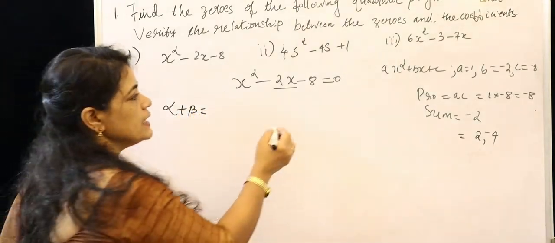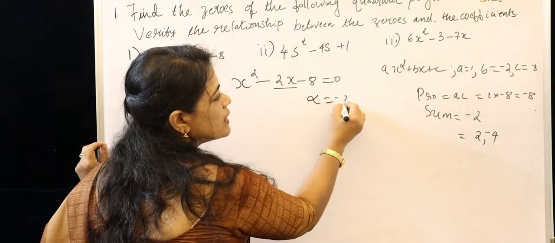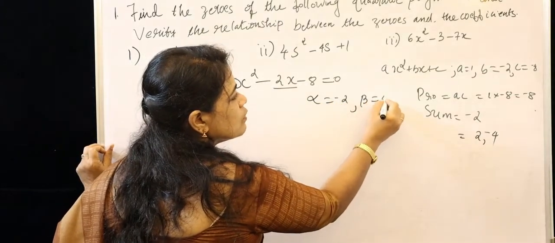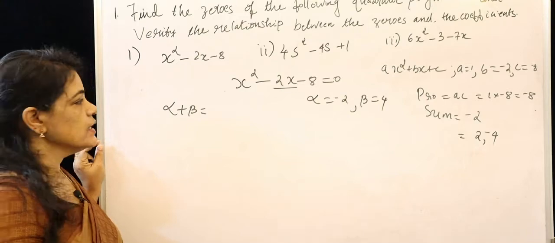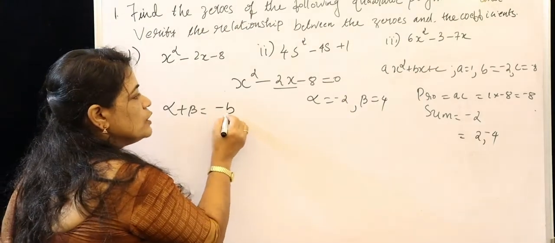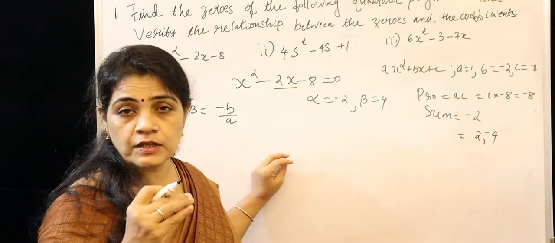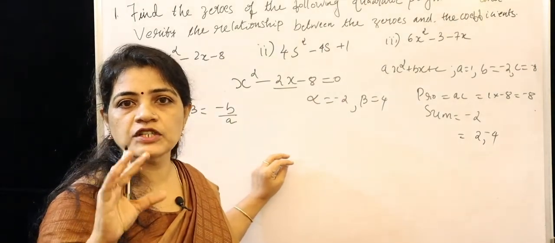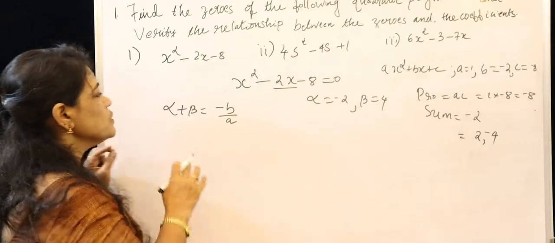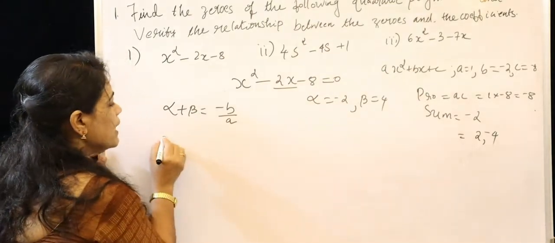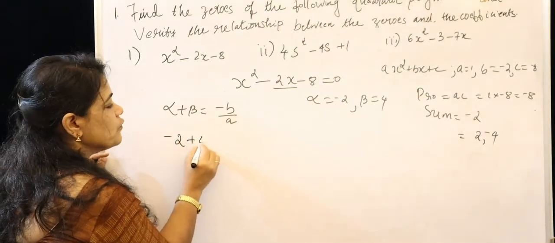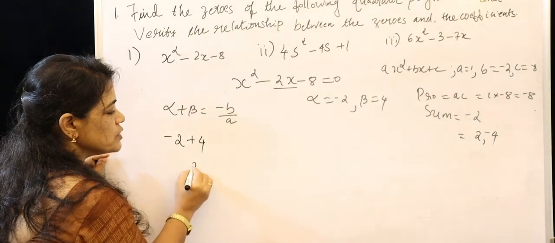What we have seen is that alpha equal to minus 2 and beta is equal to 4, isn't it? That is equal to minus b by a, as we explained in the theory part. Sum of the zeros is equal to, in terms of coefficients, minus b by a. So alpha plus beta is minus 2 plus 4, which is equal to plus 2.